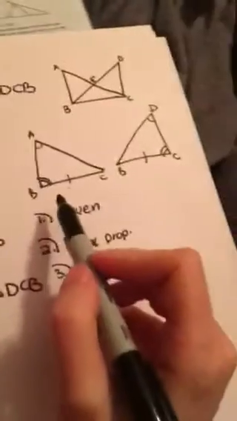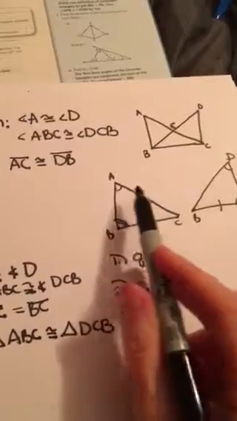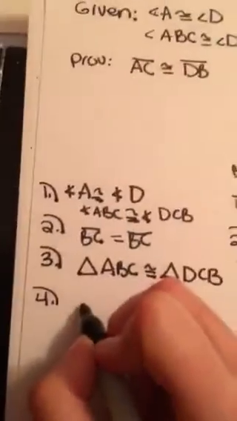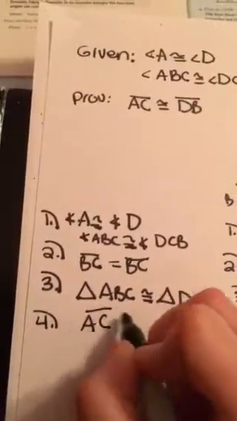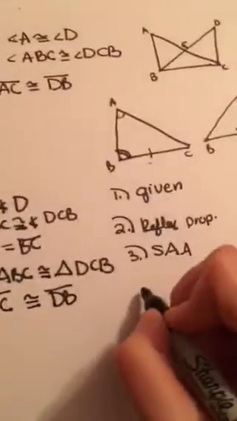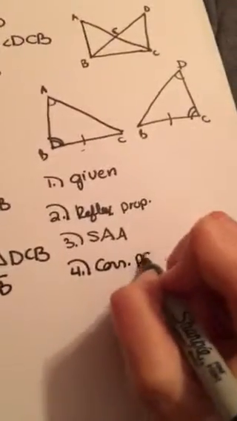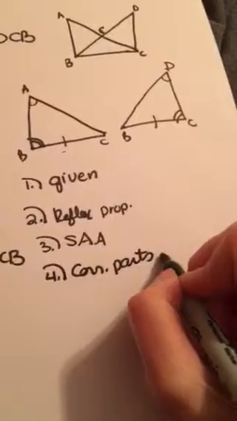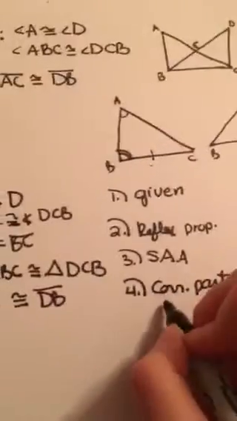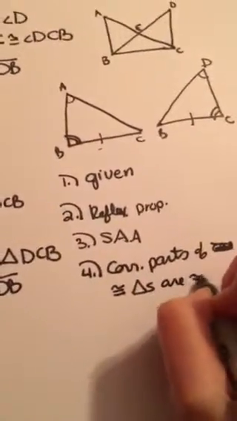And if this triangle is congruent to this triangle, then their parts are going to be congruent. So then I know that AC is congruent to DB. So I can just write that down. AC is congruent to DB. And that would be corresponding parts of congruent triangles are congruent.